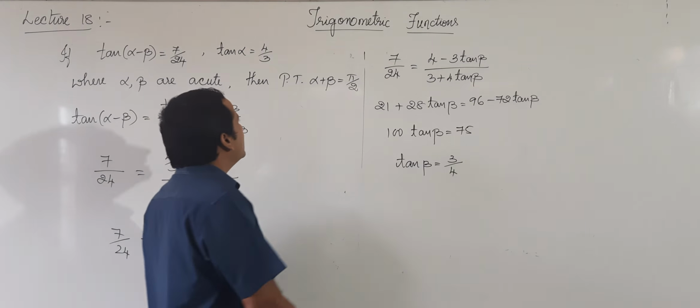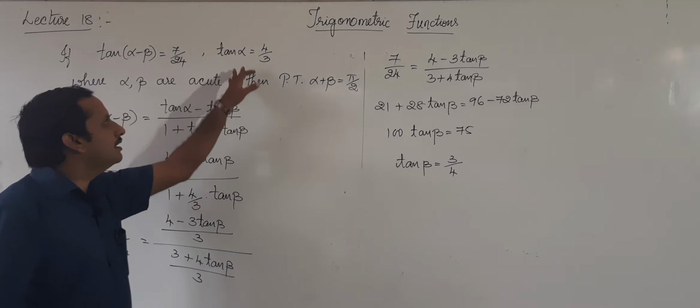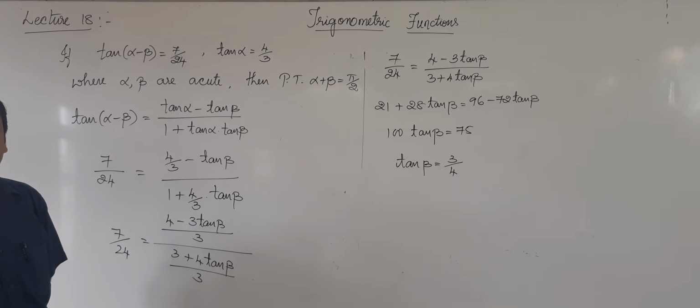If tan beta is 3 by 4, okay, tan alpha is equal to 4 by 3, we have tan beta is equal to 3 by 4. Then what is alpha plus beta?